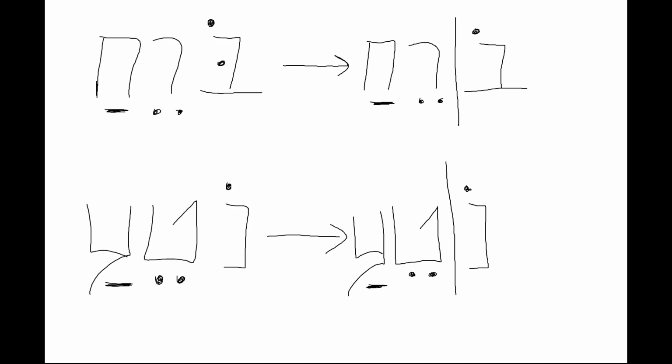You know, when you're working in the soil, you pretty much dig a hole in. You're striking through the soil so that you can plant. That's what that means, right? Noteach, noteach. So I'm saying boreach and noteach. So the patach under the chet in the first word here, boreach, that's a furtive patach.